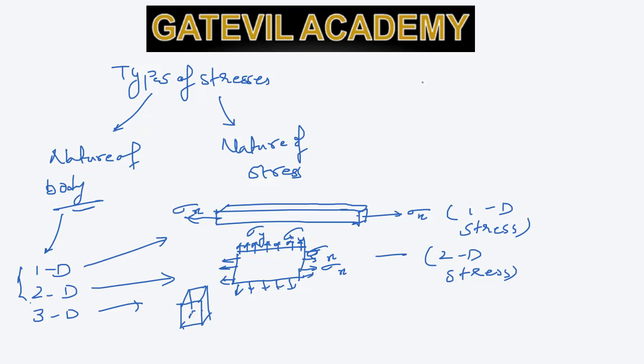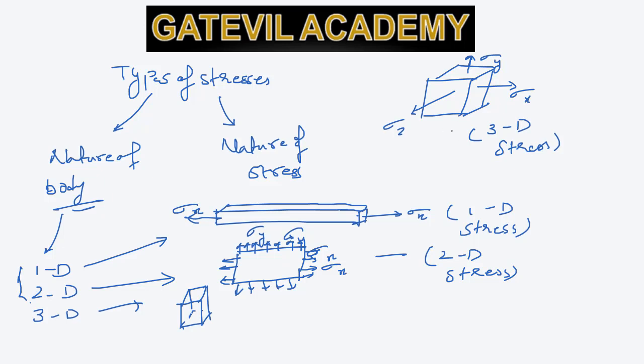Now let's move to the top. Here is a cube in which all three dimensions of the body are comparable. So stresses acting along the x direction, the y direction or the z direction are three-dimensional stresses.